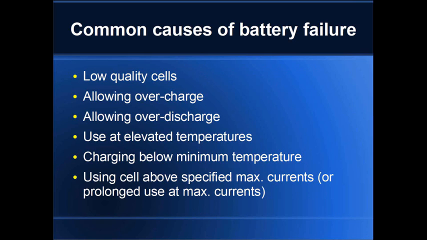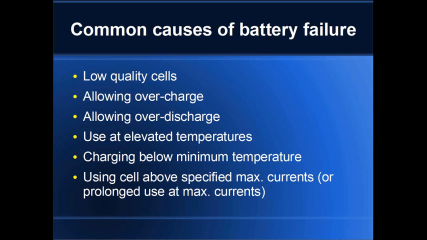So if it's a low quality cell to start with, it's going to pose problems. And if it's a low manufacturing quality, you may develop internal shorts, you may develop early capacity loss or high resistance. If it's a bad cell to start with, it's going to be problematic later on.